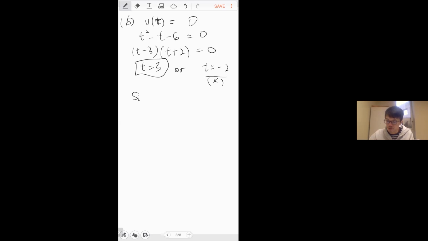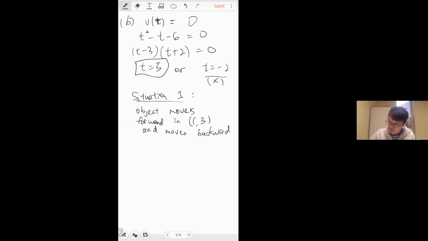So situation 1: the object moves forward from 1 to 3, and it moves backward from 3 to 4.